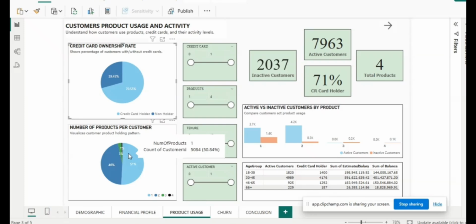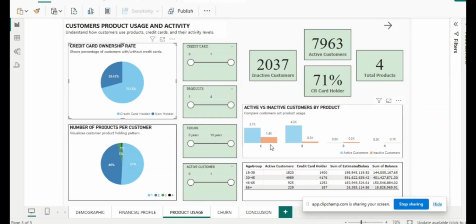Assuming we knew the name of the fourth product, it would have made for better storytelling. But since we don't know the name of the product, the bank needs to work very hard to ensure that more customers subscribe to their fourth product so that the product will not die down. Then we have active and inactive customers.